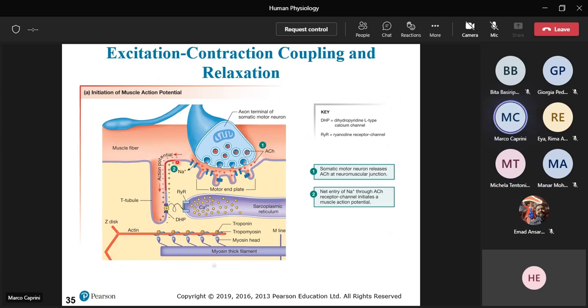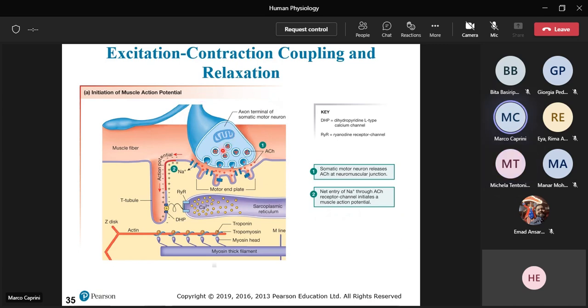Yes, but you have to block these channels. It's quite not physiological, okay? But if you block these channels here, for example, you are not going to have a muscle contraction, that's for sure. But physiologically, I mean.